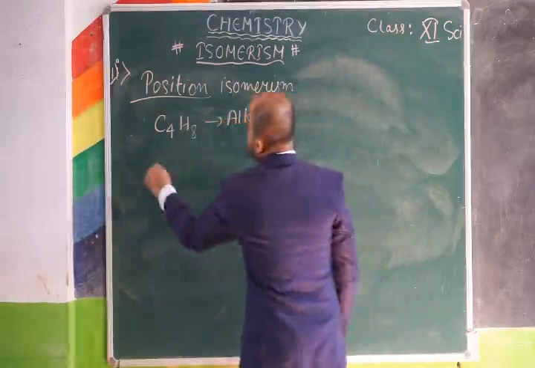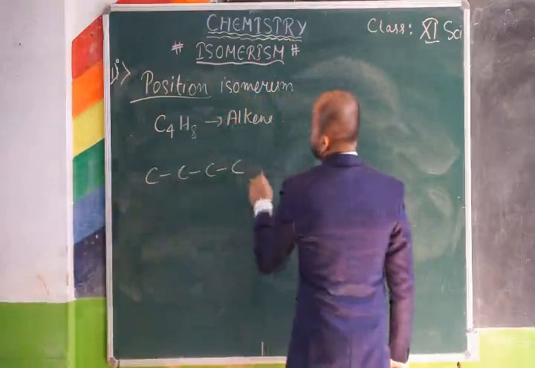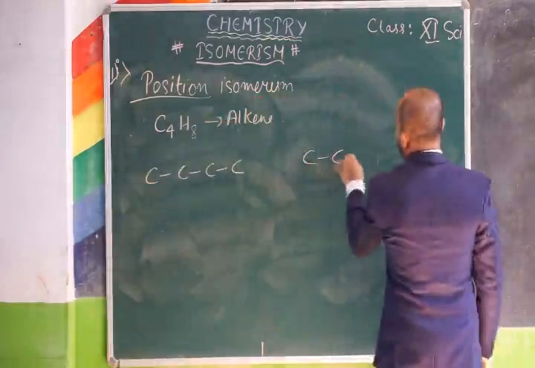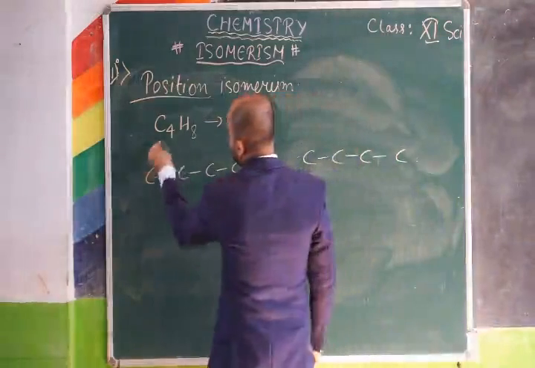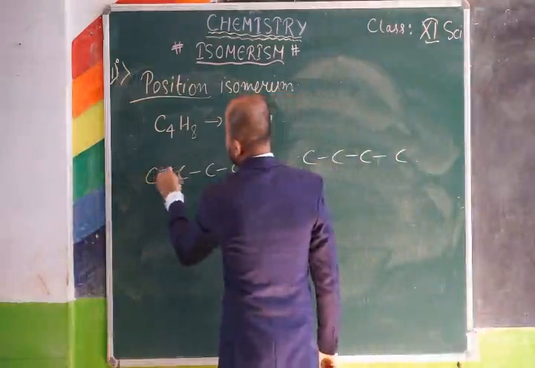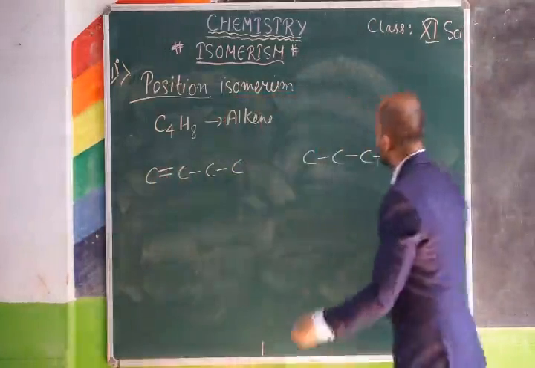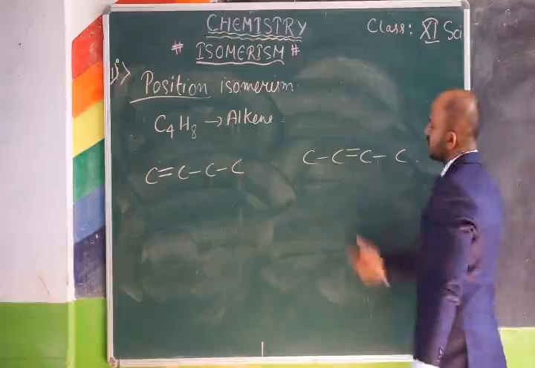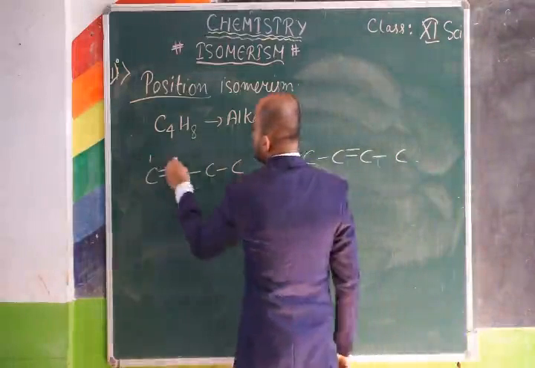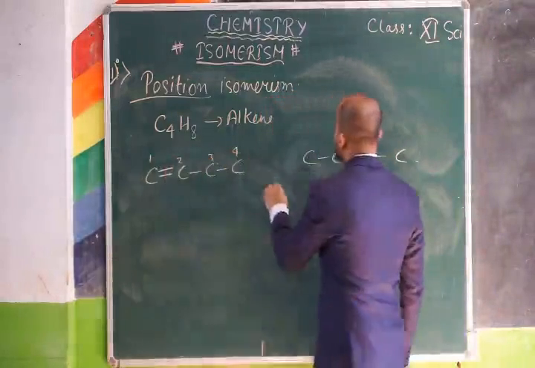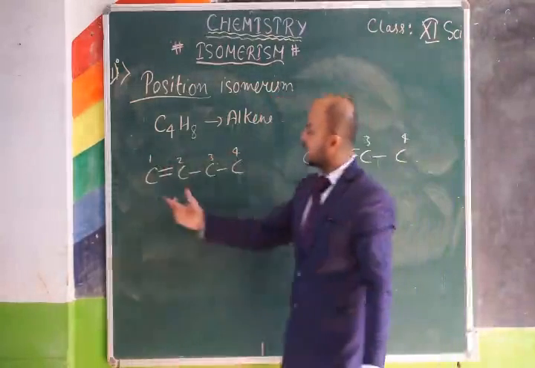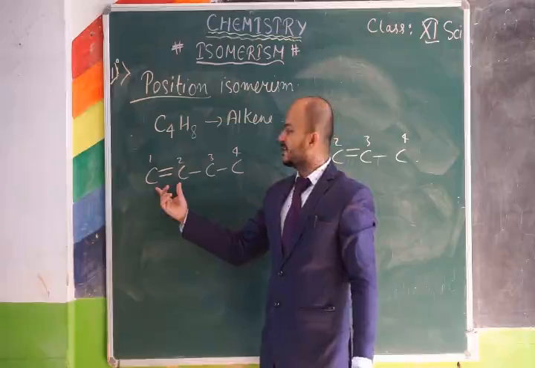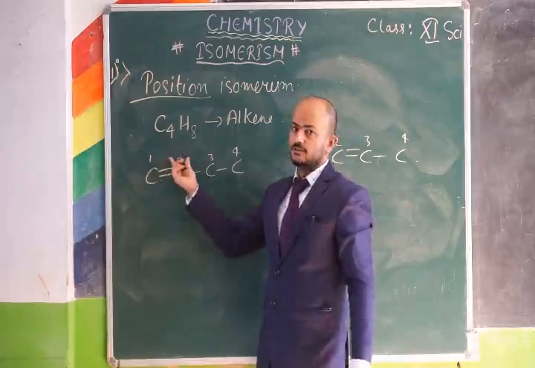Now write two structures of this alkene. Here the double bond would be present here, or it could be present between these two carbons. That means carbon number 1, 2, 3, 4. So here you can see that the double bond is present between carbon number 1 and carbon 2.